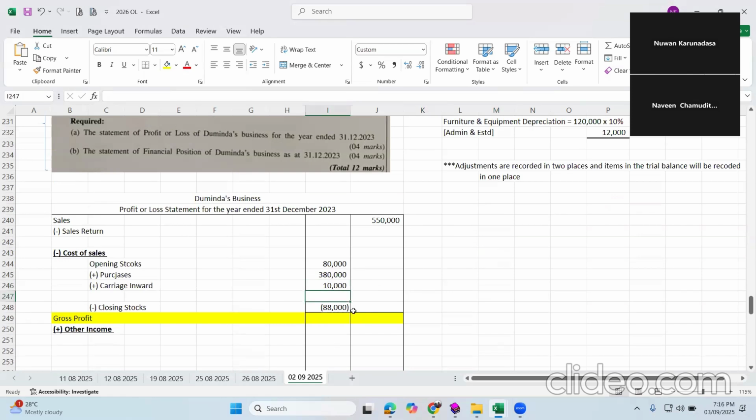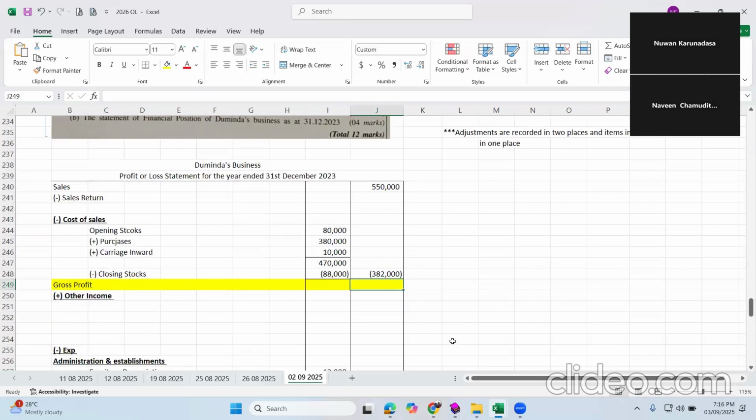Right, start from the income statement. Here, once you add 80 plus 380 plus 10, the answer is 470. Then 470,000 minus 88, you get 382. So the gross profit is sales minus cost of sales, which is 168,000.